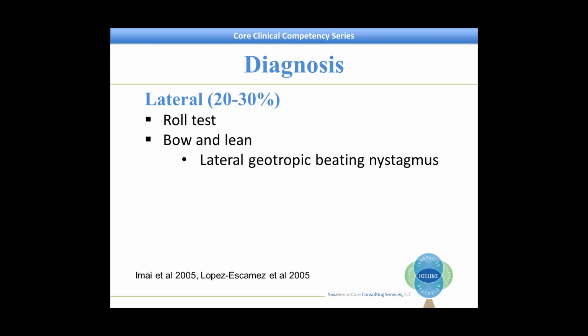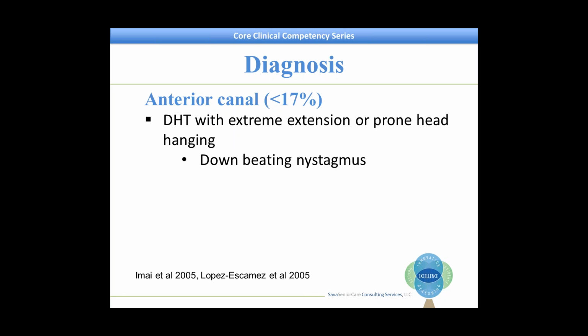And then when they tip forward, that's when those crystals would go. So that's why this bow test is pretty classic for that. And the nystagmus for a horizontal canal is different than the nystagmus for a posterior canal. And hopefully, even if we don't have sound, I'll show you those videos because they're really pretty good.